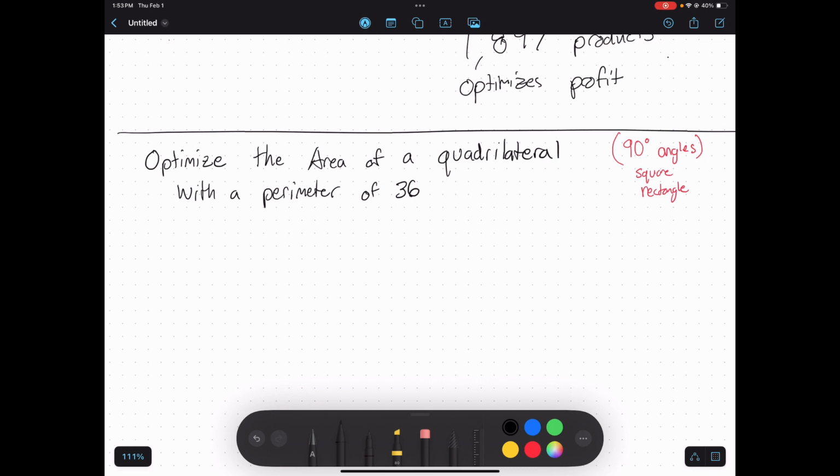You can have an infinite size quadrilateral because you're not limited by anything. So I do need to give you a perimeter. We call this a constraint. Otherwise, I wouldn't be able to solve this problem. It's called a constraint because it limits my values. It gives you a limitation.